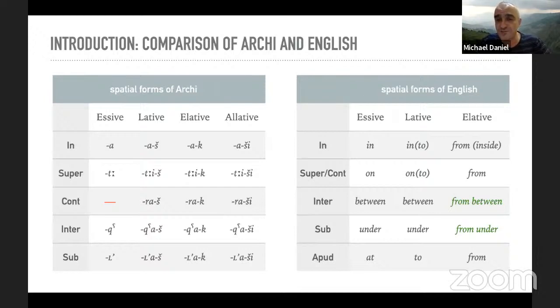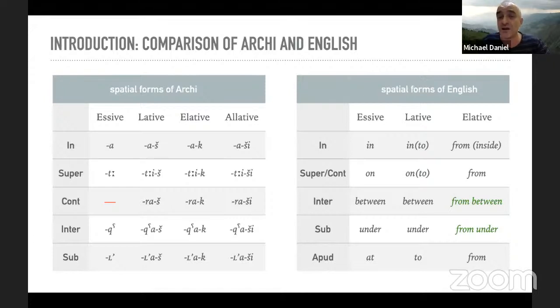If you want to express the meaning of motion from a spatial domain, you may use just from, without indicating the localization meaning, both for from the wall, which would correspond to contact in Daghestanian languages, from the table, which would correspond to superlative in Daghestanian languages, from near, like from the tree, from being near the tree, which would correspond to apud-elative in Daghestanian languages.